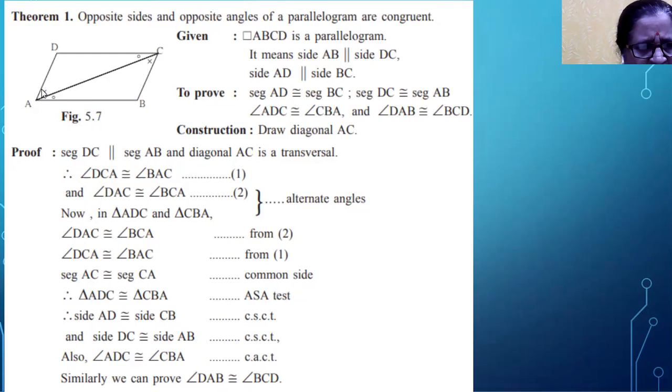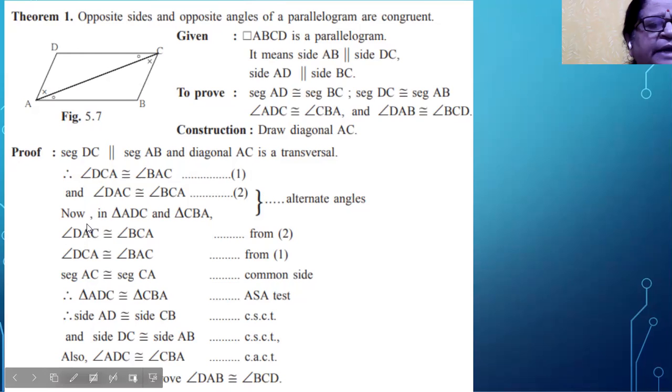And like that, angle DAC is congruent to angle BCA. This angle and this angle are also congruent.